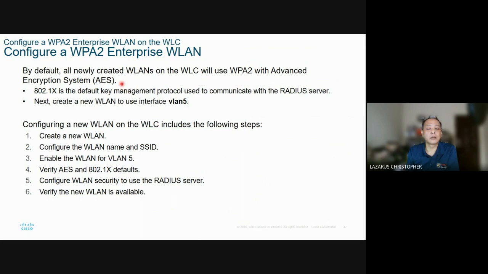And the highest encryption algorithm is normally set as default also, AES. So WPA2 we pair with AES, right? So remember that the traffic between the AP and WLC is encrypted as well. That one is using a different protocol.